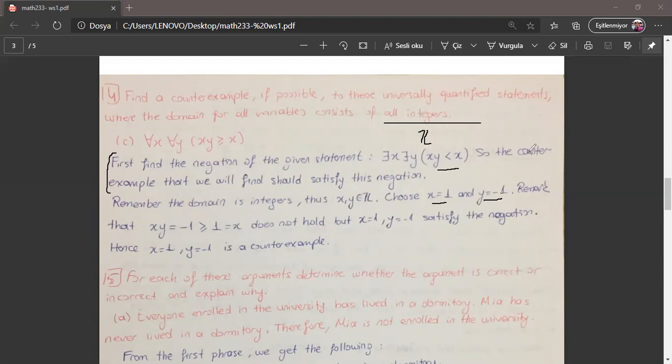So they satisfy this. It means these values are a counterexample for this, okay? Or you can check, as in here, xy is -1, which is not greater than or equal to 1, right? This is not correct. So they are a counterexample for this statement, okay?